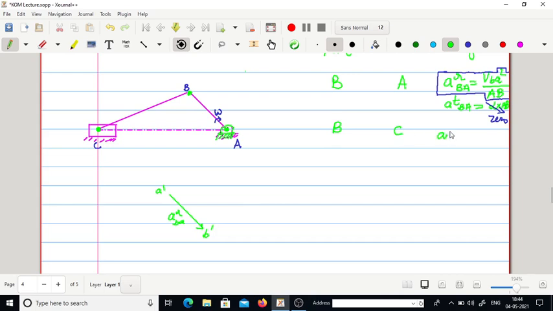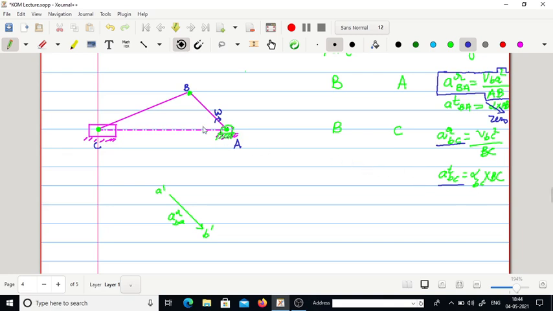Here we will have a radial component of B with respect to C, which can be given as VBC square divided by BC, and a tangential component of acceleration, alpha BC into distance BC. Now, with the help of the velocity diagram which we have already learned to draw, we can calculate the radial component of acceleration, but the tangential component is not known to us.